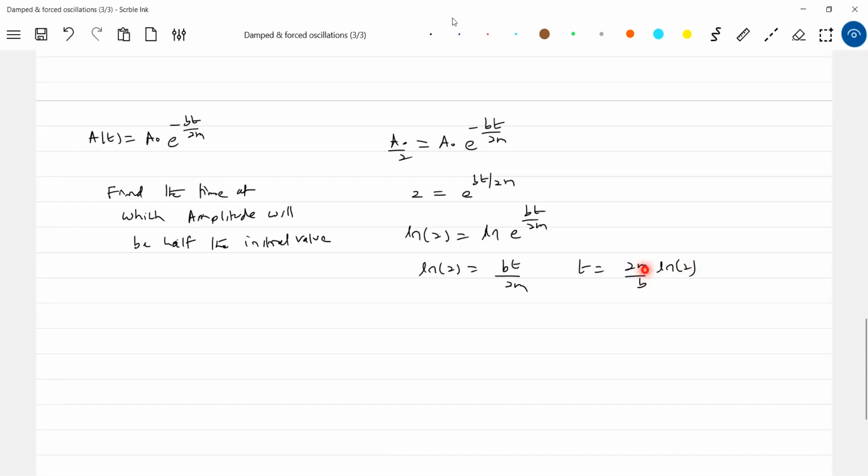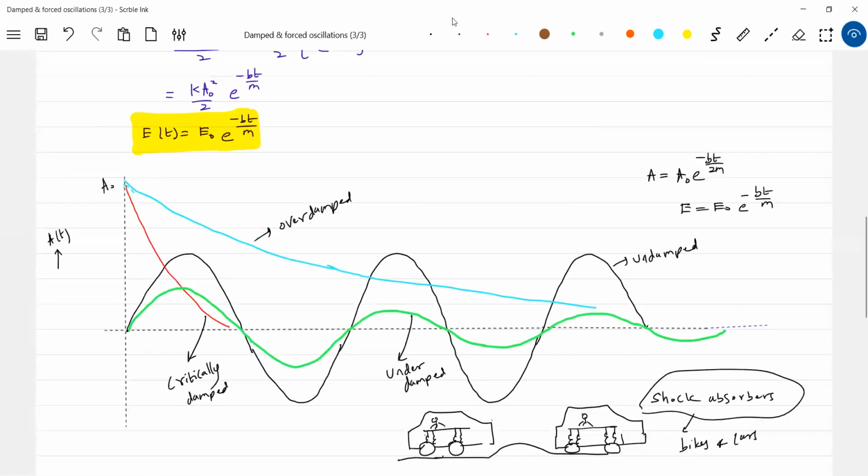If I increase the mass of the system, it will take more time for the amplitude to decrease to half of the value. You see, you have everything in front of you now. If I increase b, it takes less time. If I decrease b, it will take more time. So the value of b will determine the shape of the curve.